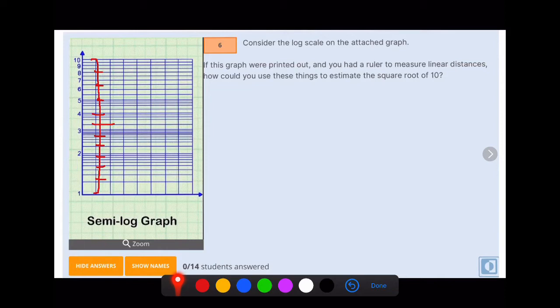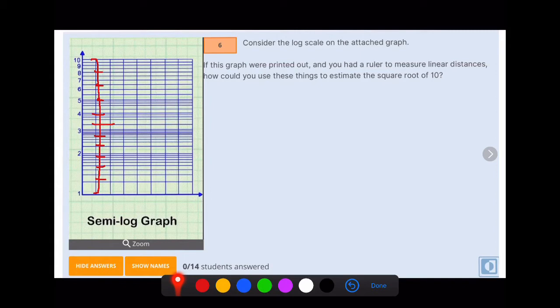That linear distance is not the way the numbers are marked, but it represents the exponent of the base that produces those numbers. So the base here is 10. This is a base 10 log scale. It's according to the common log. The base is 10.